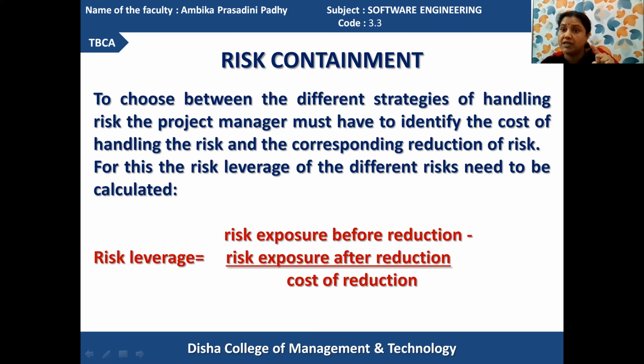According to the risk leverage value, we can apply the risk solution measures. If it is not going to provide much risk, then it does not require any solution measures to be applied. We can just avoid it and go for executing the other set of actions.